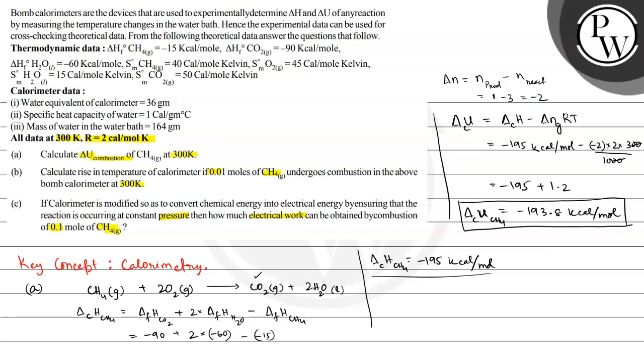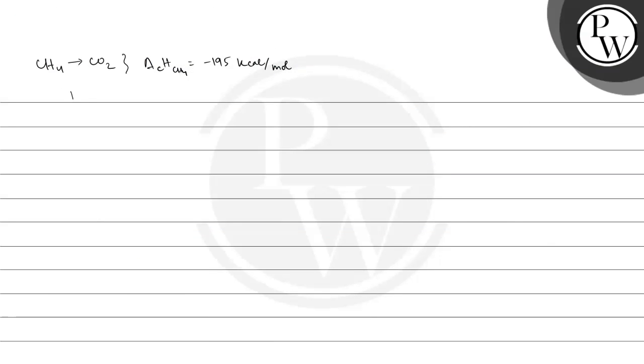Now we have 0.01 moles of CH4, so heat released, let us say this is Q, is equal to number of moles multiplied by heat of combustion, and we take its modulus because we are just calculating the heat released.